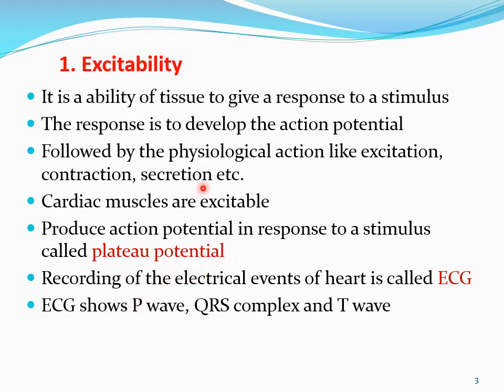If you record these electrical activities on the ECG, the recording of the electrical activities of the heart is called the electrocardiogram, and it gives waves on ECG paper: the P wave, QRS complex, so Q, R and S waves, and T waves. So recording of these electrical activities is called the ECG.